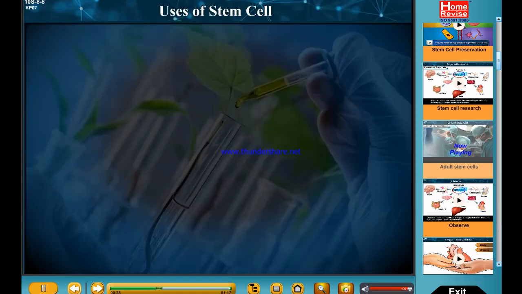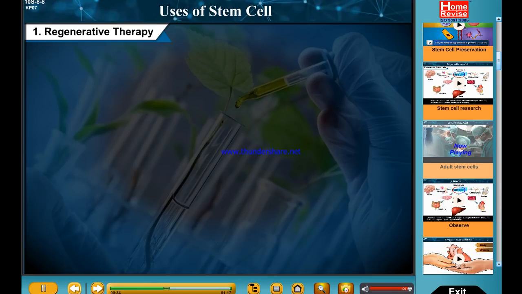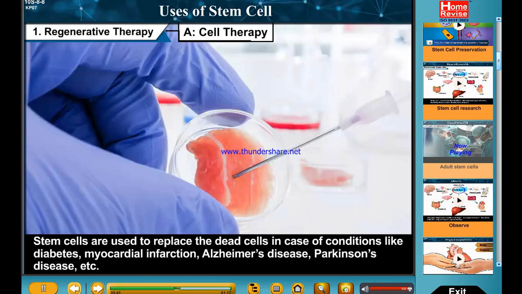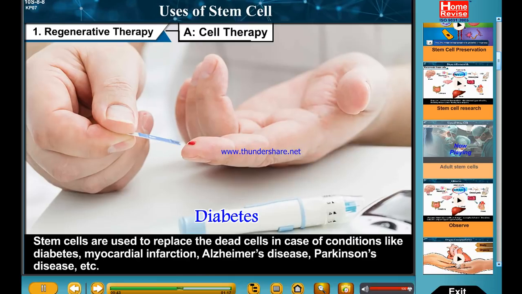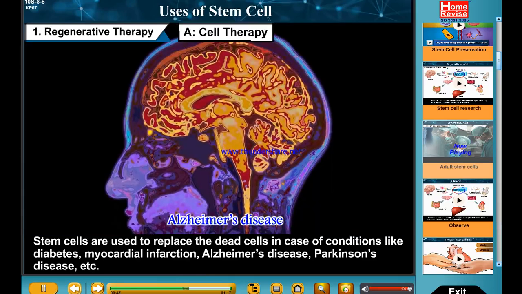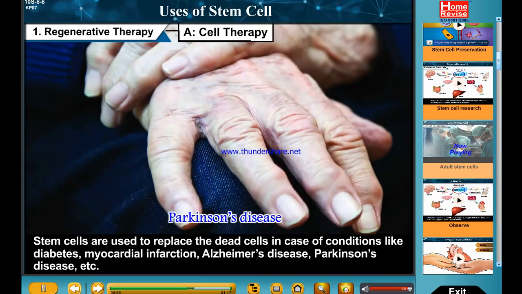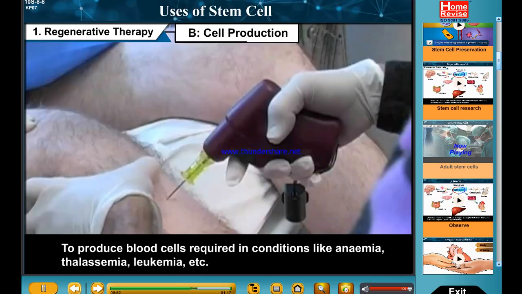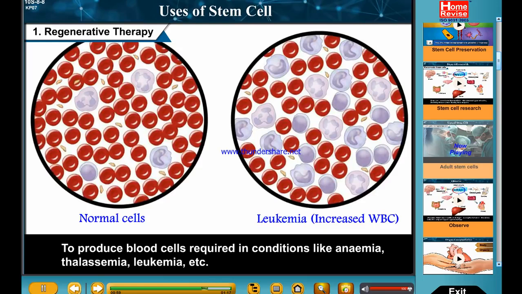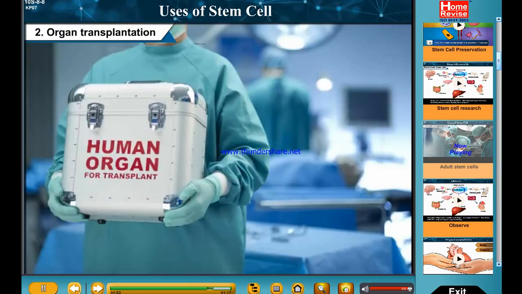Uses of stem cells. 1. Regenerative therapy. A. Cell therapy. Stem cells are used to replace the dead cells in conditions like diabetes, myocardial infarction, Alzheimer's disease, Parkinson's disease, etc. B. To produce blood cells required in conditions like anemia, thalassemia, leukemia, etc. 2.